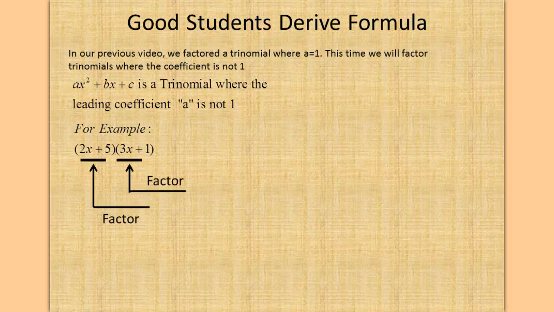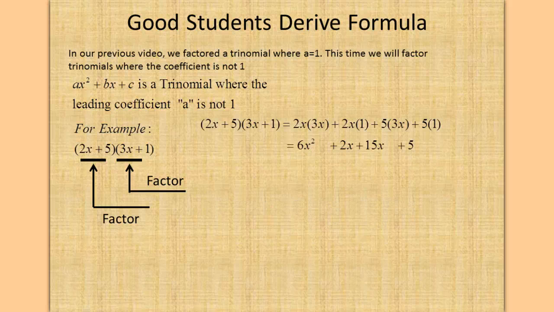these are two factors, and as you know from our previous discussion, a factor is a term inside a multiplication procedure. So we have 2x plus 5 times 3x plus 1. So let's multiply that out.